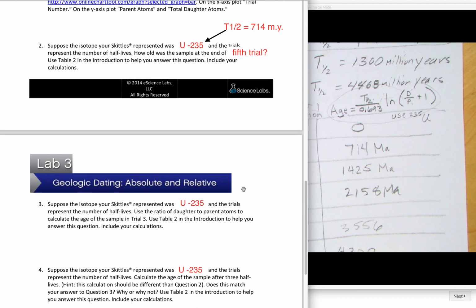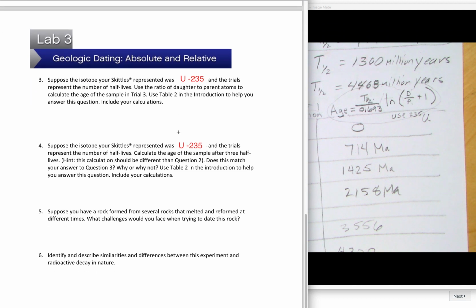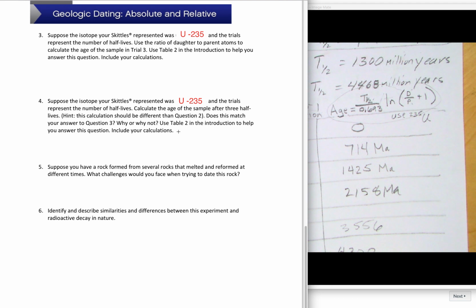As we go down in here, the key thing about question 3 is you're going to have to use this equation. The age is T1 half over 0.693 times the natural log of daughter over parent plus 1. So use that for question 3. For problem 4 down here, they're saying you want to use a different equation than in problems 2 and 3 up here.